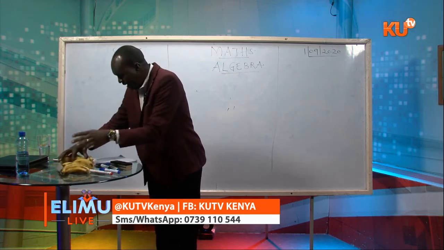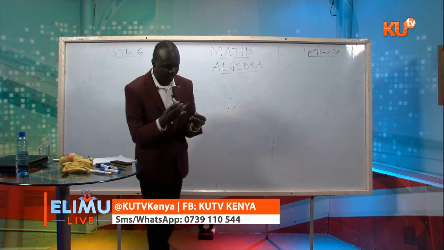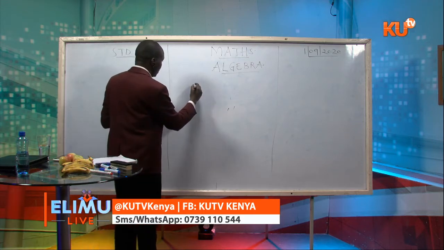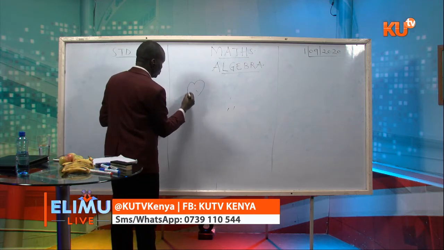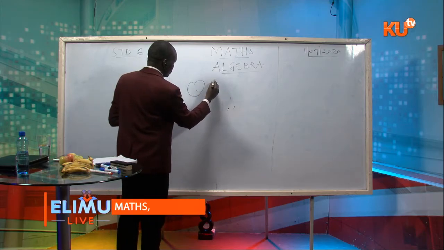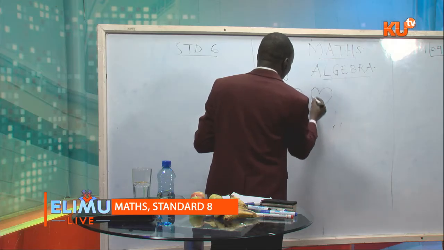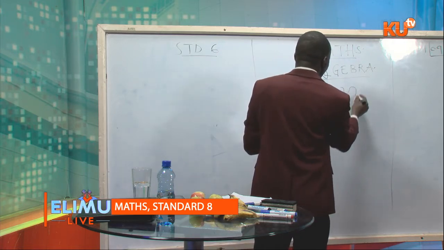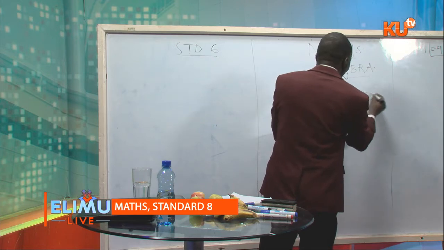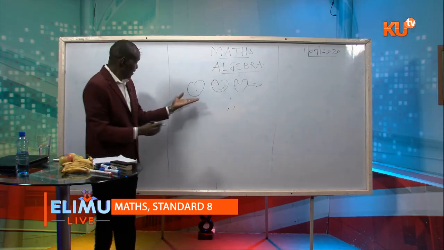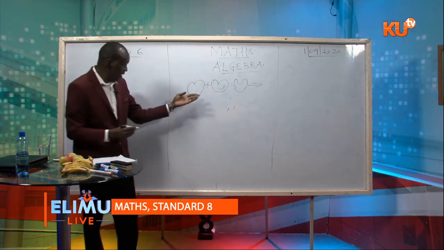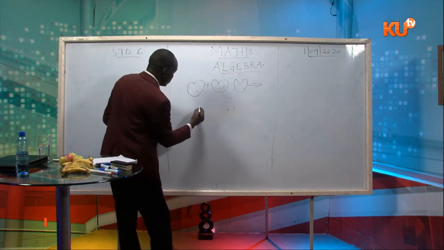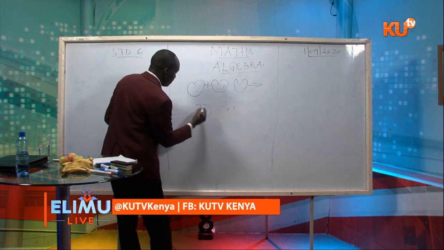Still, we can illustrate it on our chalkboard. These are an illustration of apples. This is 1 and these are 2. In total, we shall have 3 apples.